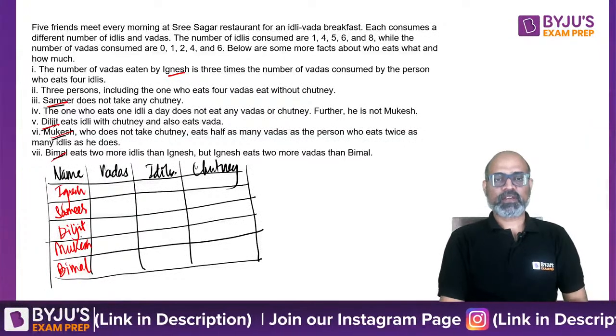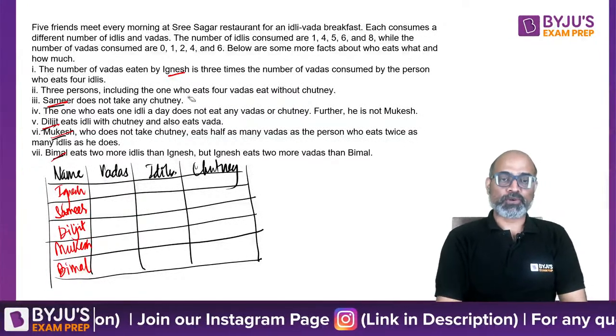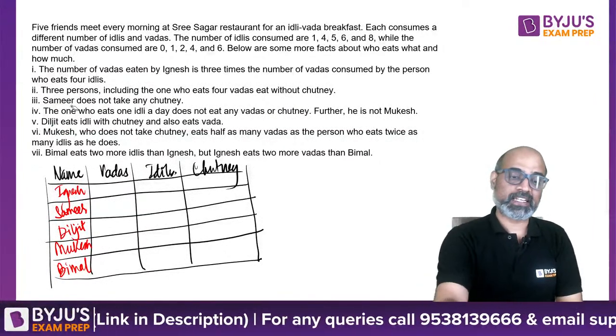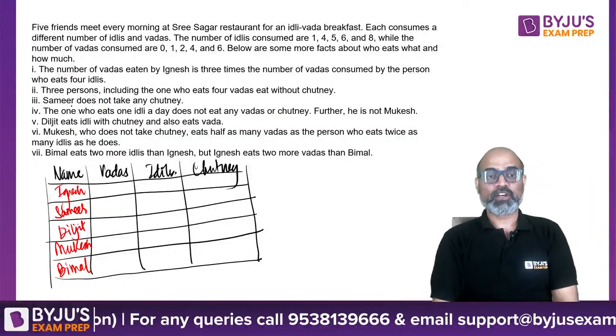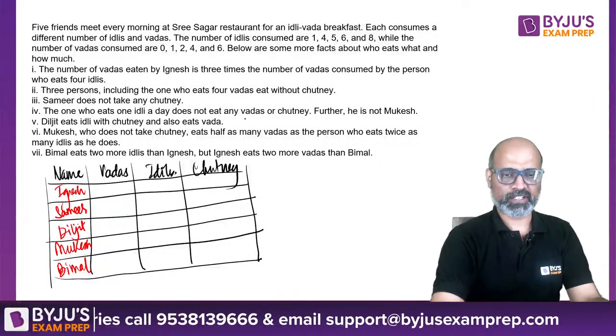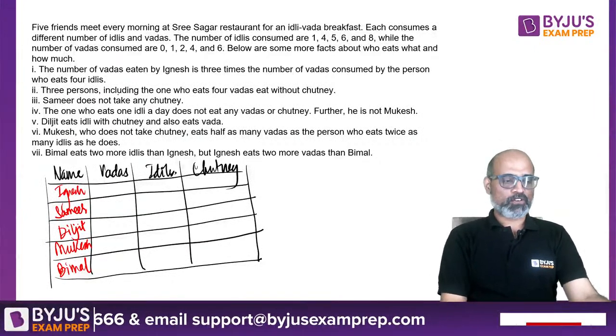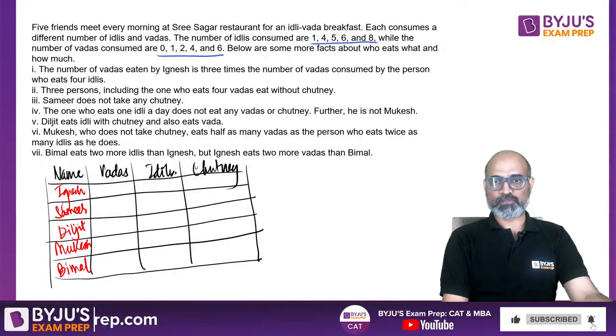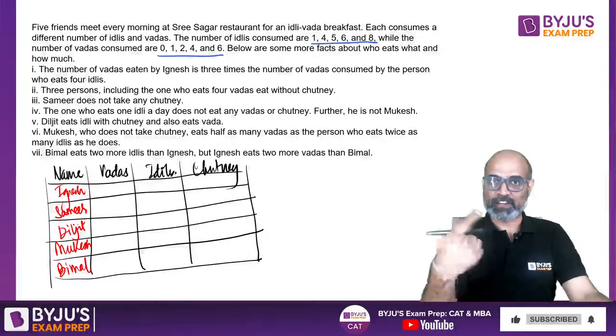Okay. Now, as usual, we are going to go through the statements and we are only going to fill those cells or those rows which will give us something concrete. So the number of vadas eaten by Ignesh, we will remember the values also, and if you don't remember, we will every time verify, cross check.